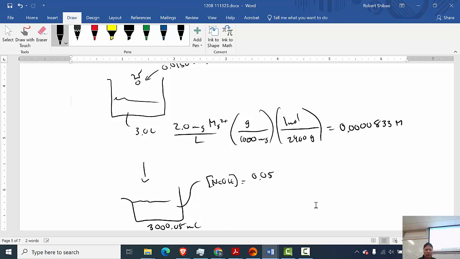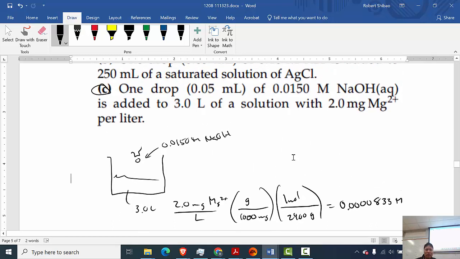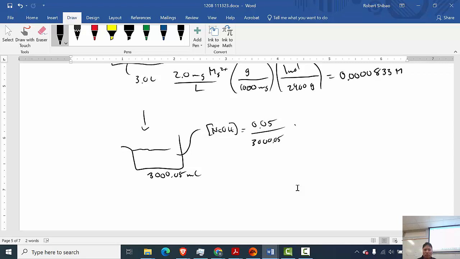It will be 0.05 divided by 3,000.05, the dilution factor, times 0.0150. That comes out to 2.49 times 10 to the minus 7 molar.